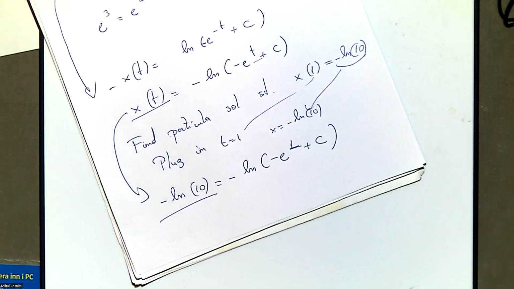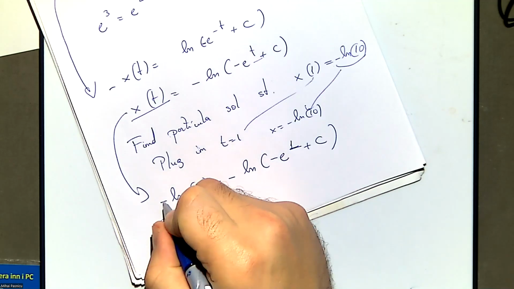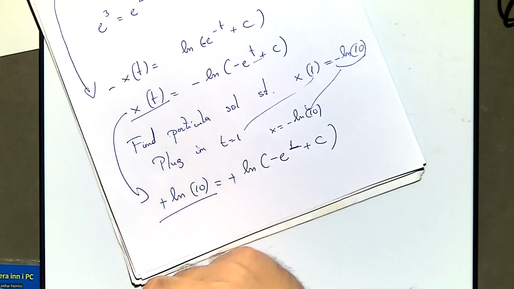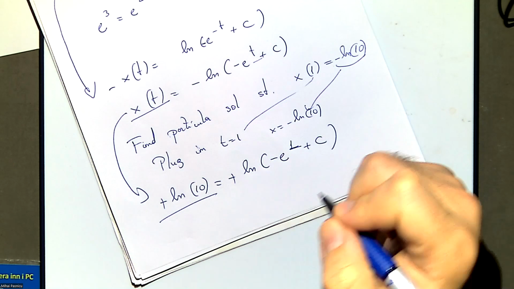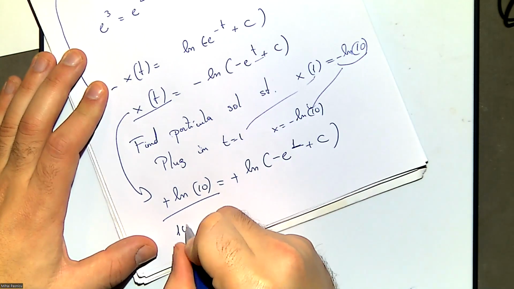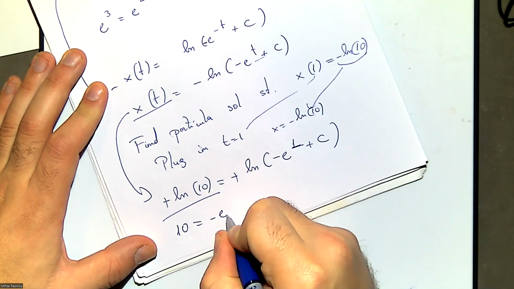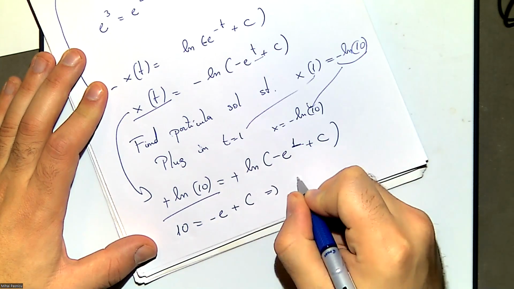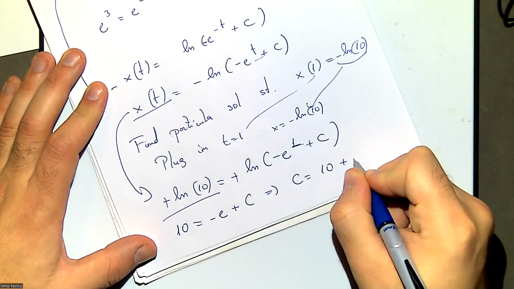And now all I have to do is solve for the constant. The constant is what's going to give me the particular solution. Now, minus minus plus, ln just gets removed, so I get 10 is equal to minus e plus a constant. So the constant is 10 plus e.